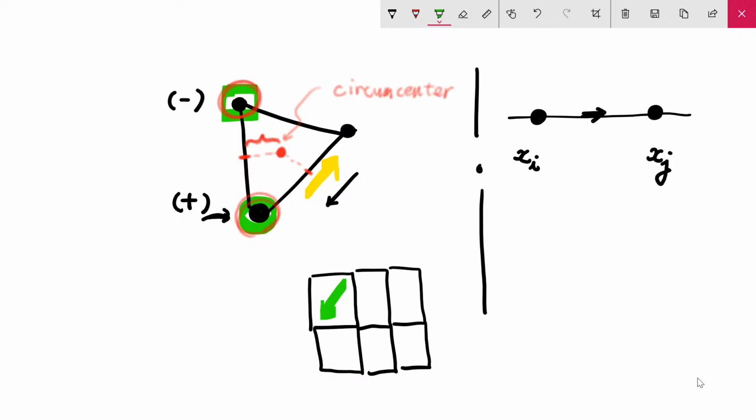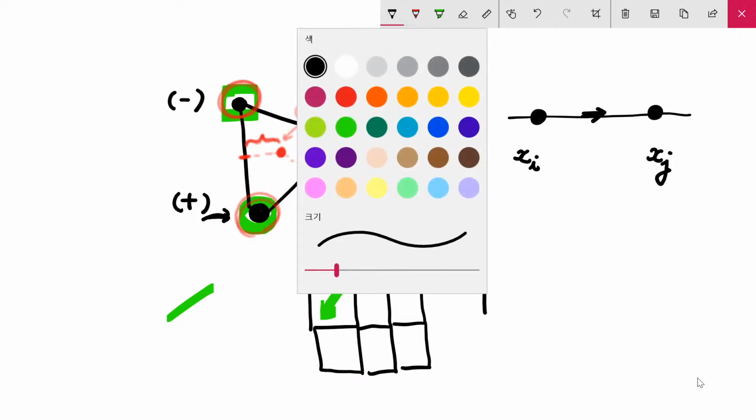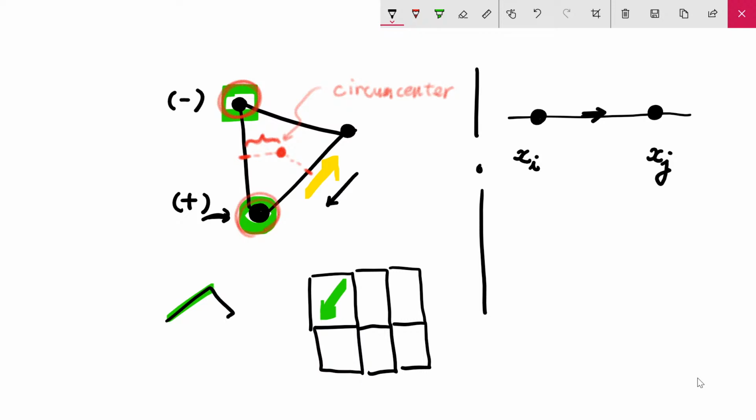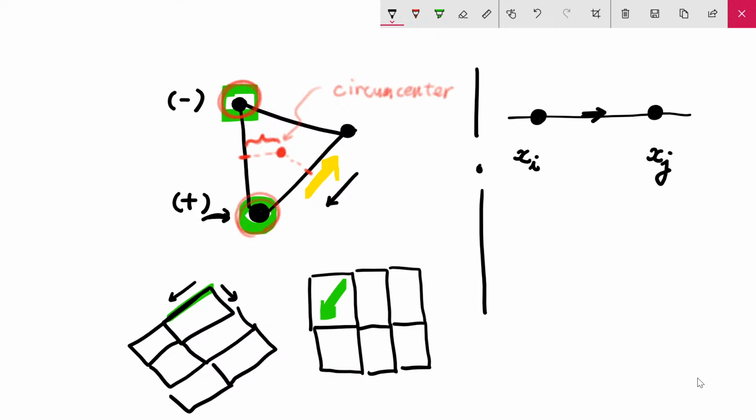If we really want to discretize it with our rectangular mesh, then maybe this will be the better way to discretize the system. If we introduce such a mesh, then our flux is really well aligned with this edge, and you will find that there is actually no flux between these two vertices, and we have a strong current conduction through this edge.